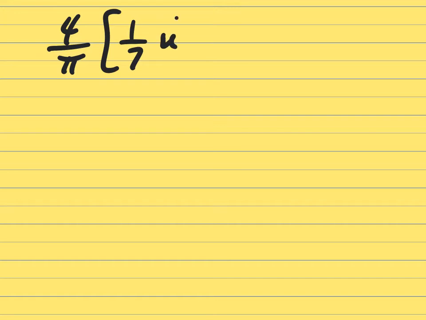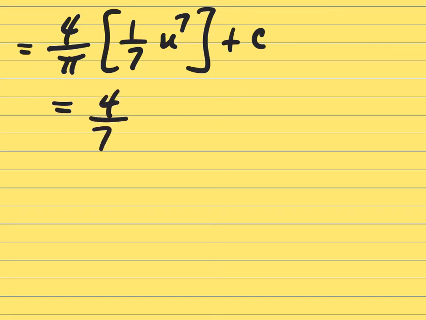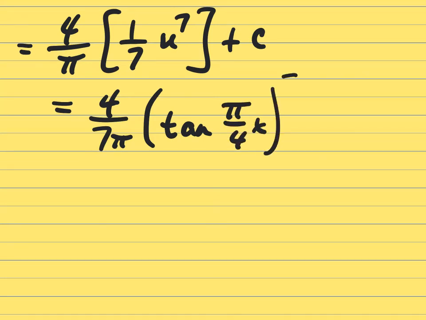Let me recopy from the first. We had 4 over pi times 1/7 u to the 7th plus c. Multiplying those two coefficients, we get 4 over 7 pi, tangent of pi over 4 x, all raised to the 7th, plus c.